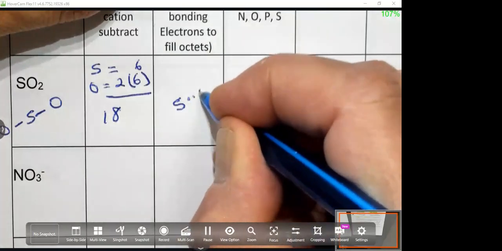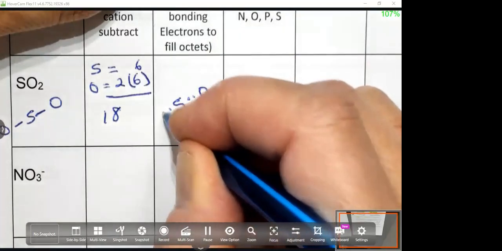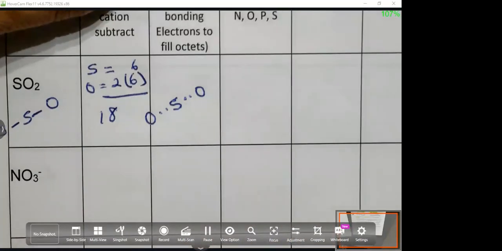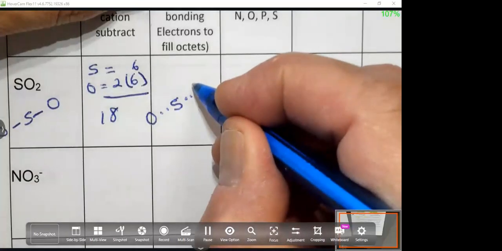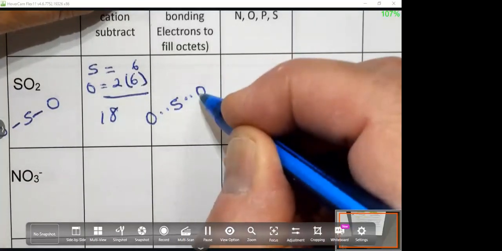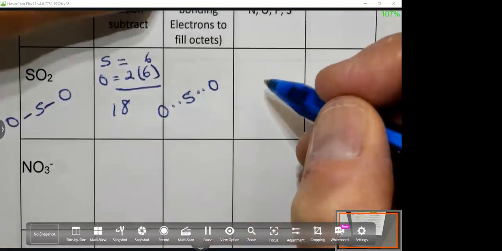First thing is, we just got to connect these, right? Now, what do we got to do? We've got to add 6 around my oxygens, right? Complete the octets.